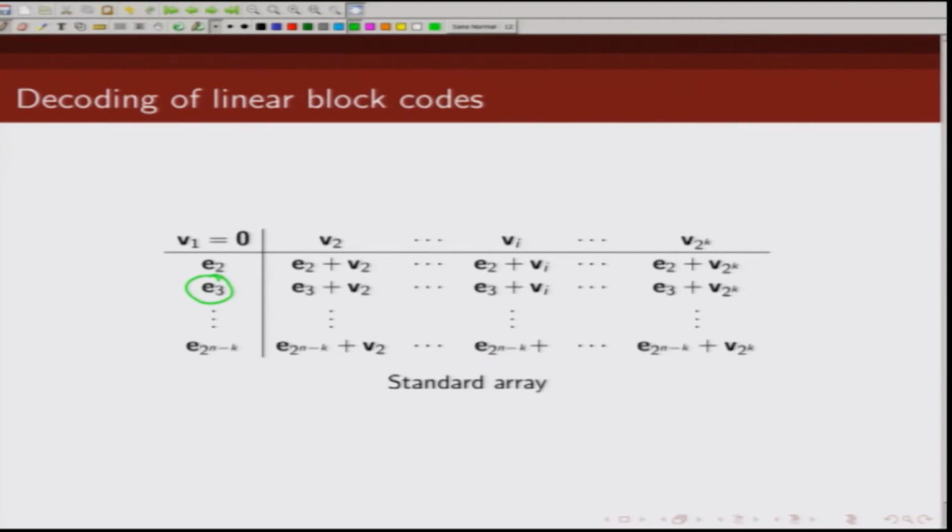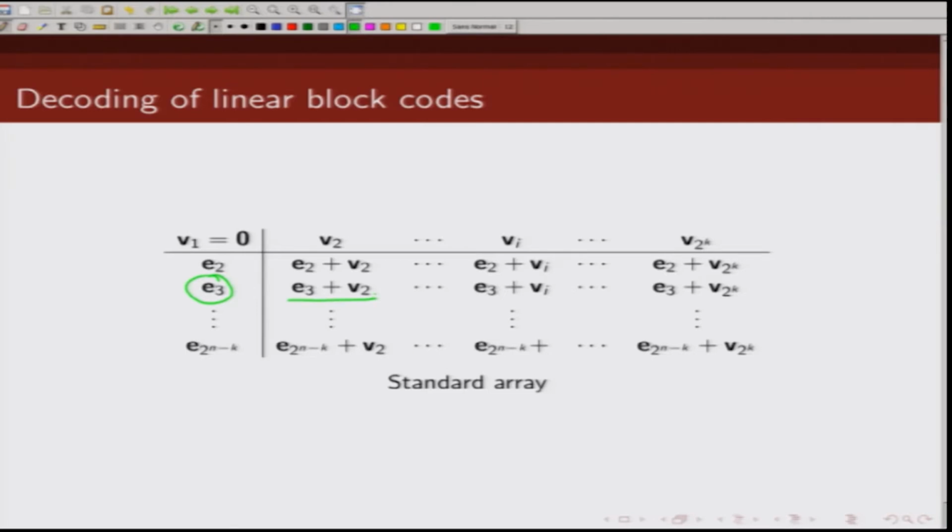E_3 should not have appeared in the previous rows of this array. I choose such an error vector and then I add this error vector to each of these elements in the first row, which are nothing but code words, and I place that element under the same column. What do I mean by that? Let us say this was V_2. I will add E_3 to V_2 and place the element E_3 plus V_2 in the same column as V_2 was.